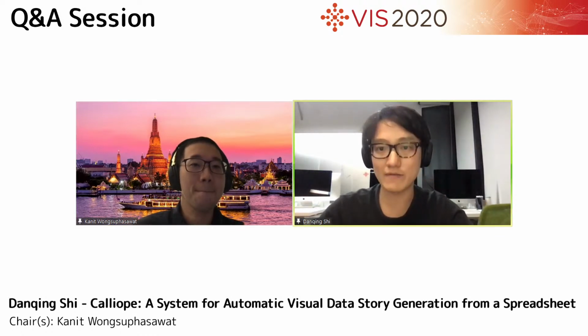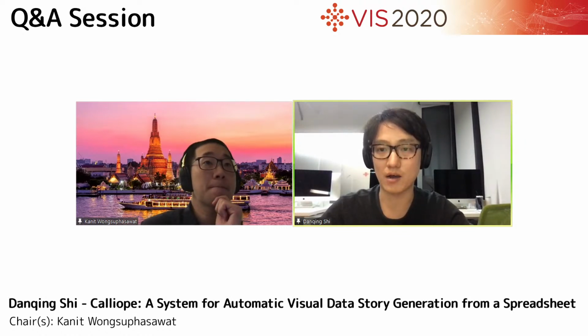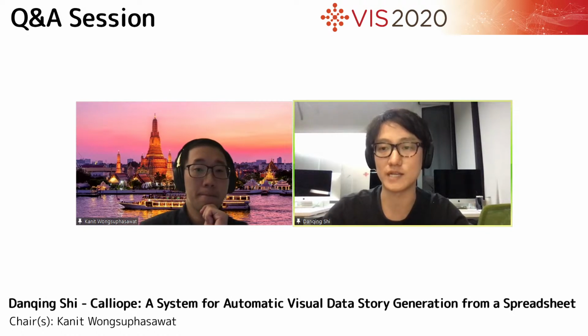Okay, thanks for everyone to hear my presentation. This question is about the usage of the narrative structure in the generation process. In our current research, we still focus on the semantic relation between two story pieces.